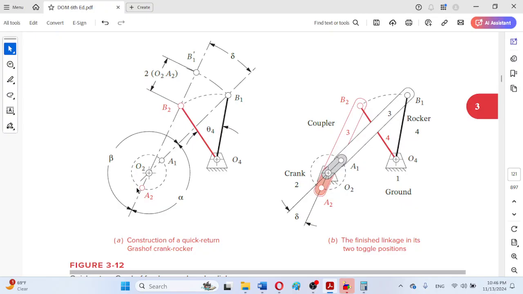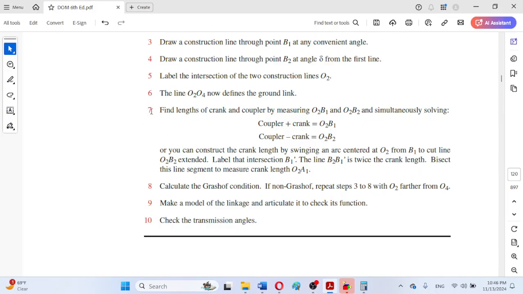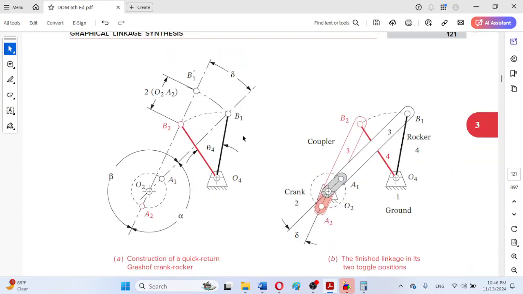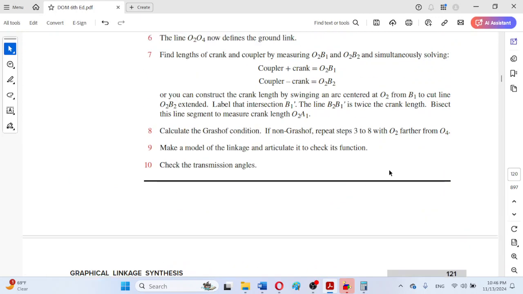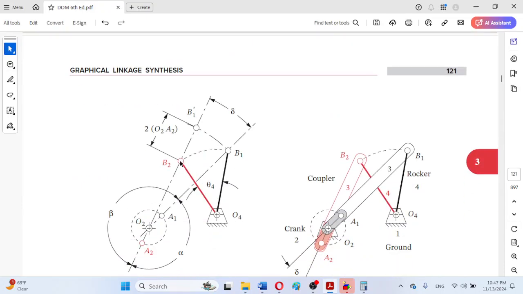So how they will be specified here in the 7th clause of procedure, the author has mentioned that find the lengths of the crank and the coupler by measuring O2 B1 and O2 B2.